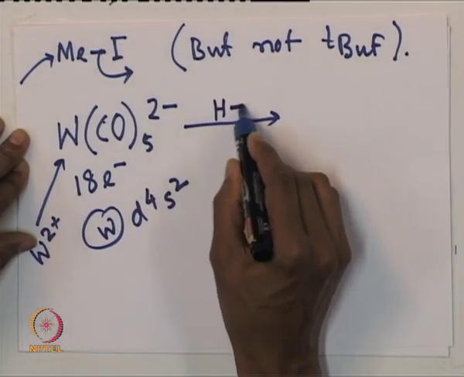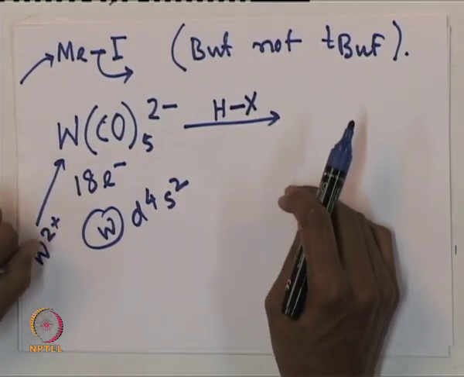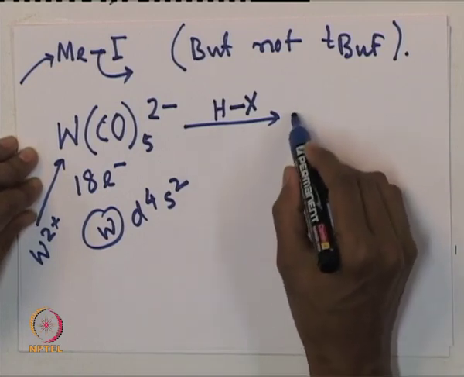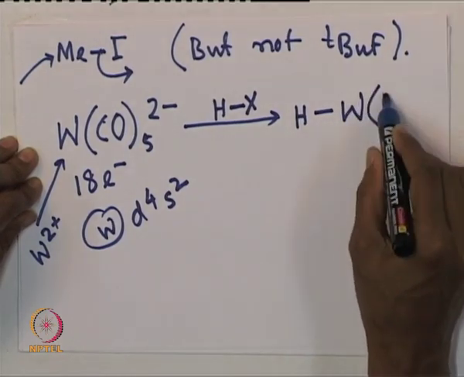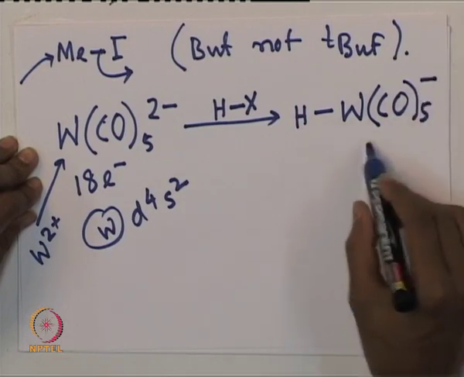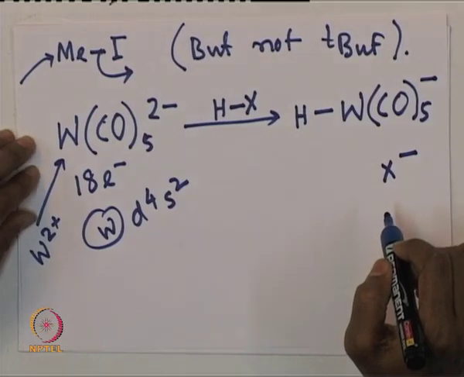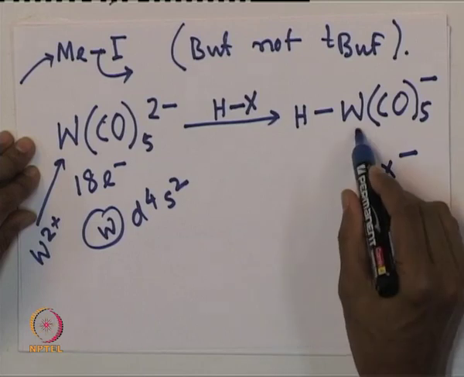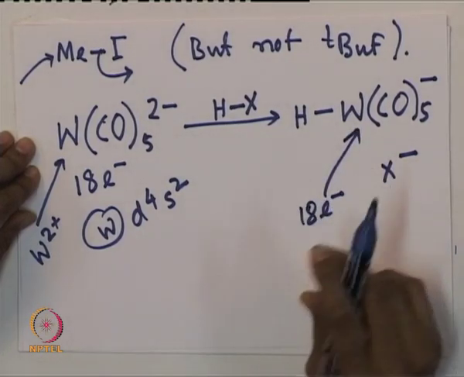If you are adding HX to this tungsten pentacarbonyl dianionic species, overall we will have protonation of this, basically HW(CO)5 minus. Now you will have X minus going out of this, right. In this case we still have an 18 electron complex, as we were trying to discuss.